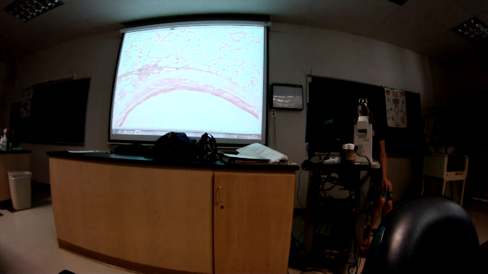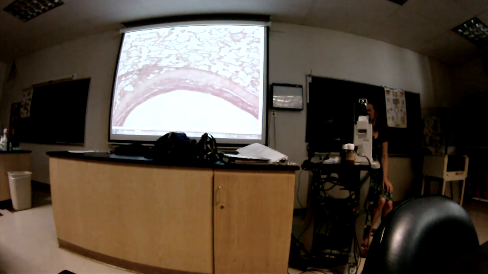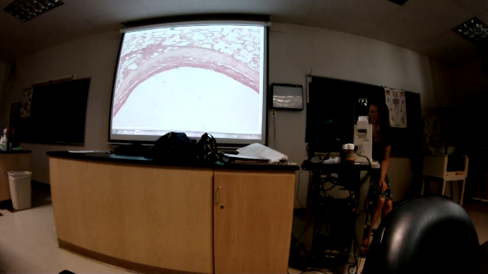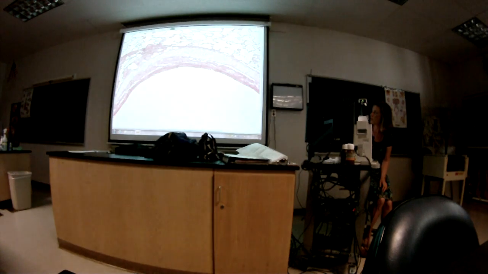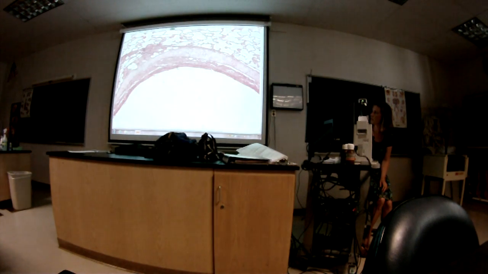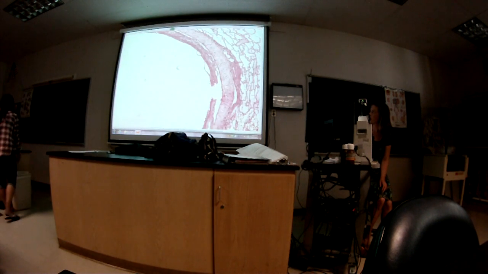Okay, so this is the scanning lens. This is the one that we viewed. We're going to look at the wall of this structure.